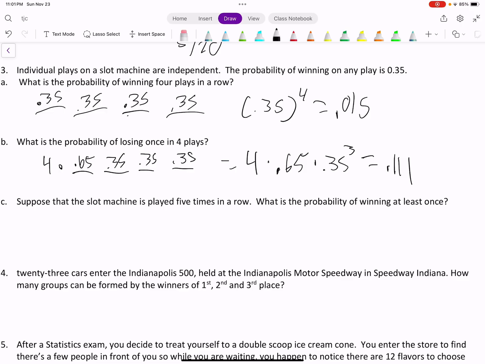Suppose a slot machine is played 5 times in a row. What's the probability of winning at least once? So here's where we're going to use the complement rule. So the probability of winning at least once is 1 minus the probability of never winning. Okay. So that is 1 minus 0.65 to the 5th power.